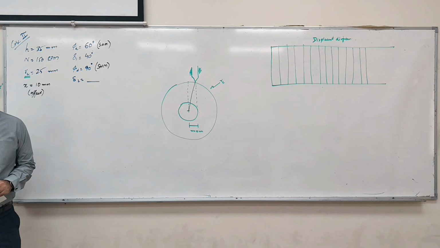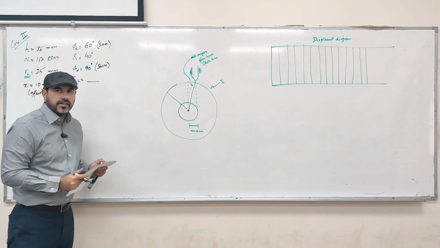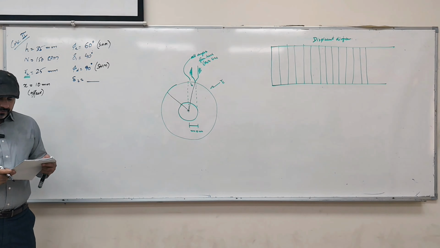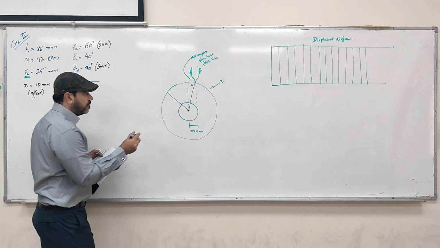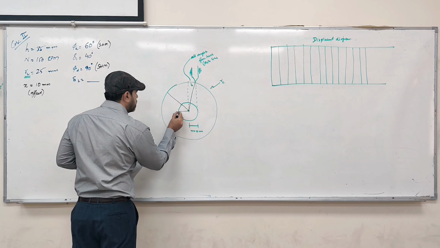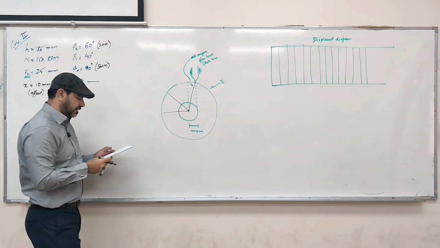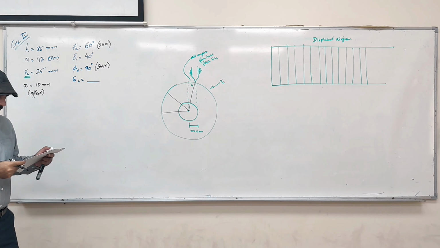So roughly, how much is 60 degrees? Somewhere over here, this is phi A. After that, we have 40 degrees. After that, we have 90 degrees, something like this.